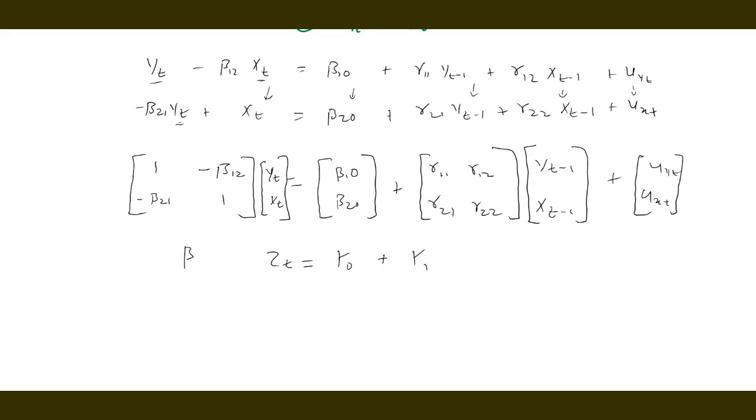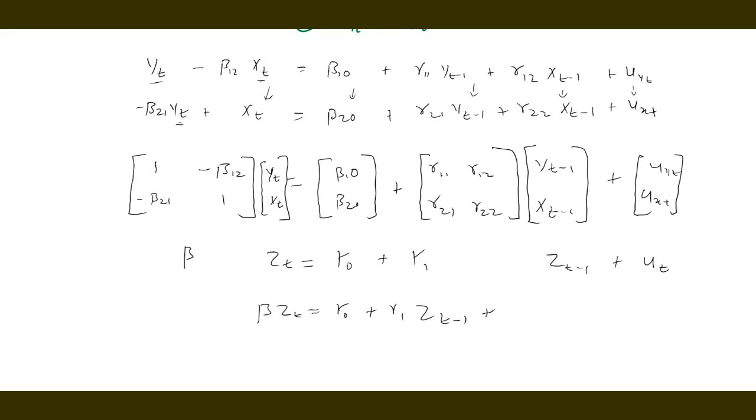For the next one we have zt minus 1, since it is exactly the same as z but with one lag, and the last matrix represents the error, so we write it as ut.